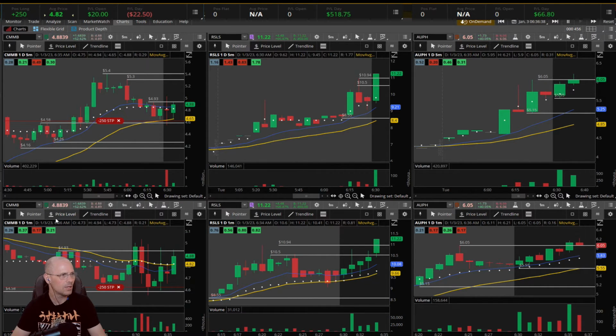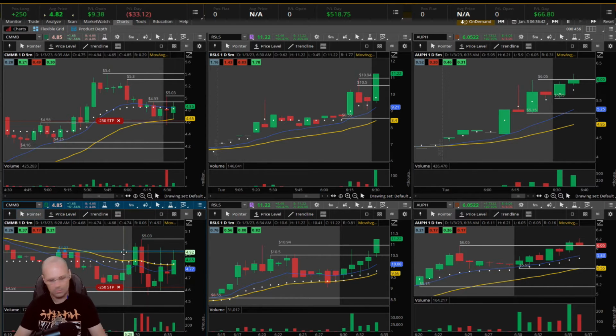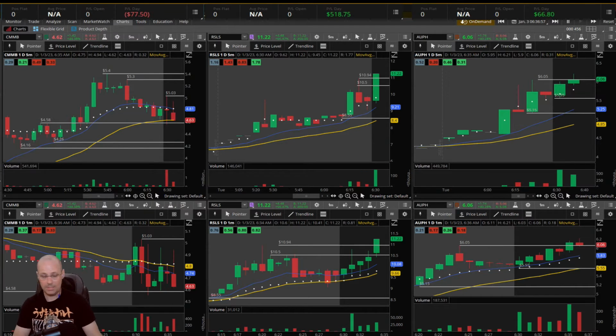A lot of rejection candles on this, but let's see if we can get over 5. Right now it's a tightening range. Yeah, I don't think it's going to do it. So I'm back out of it. It just doesn't feel like something that's going to give me a good move.